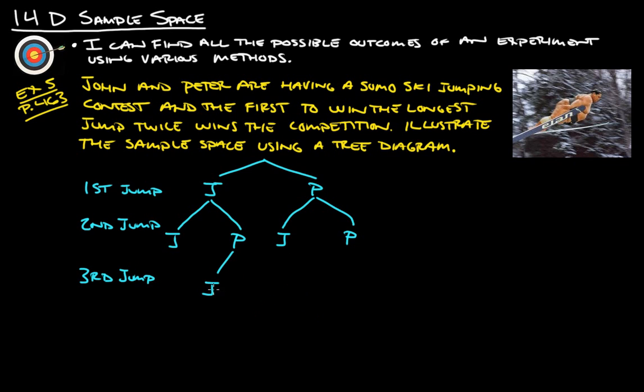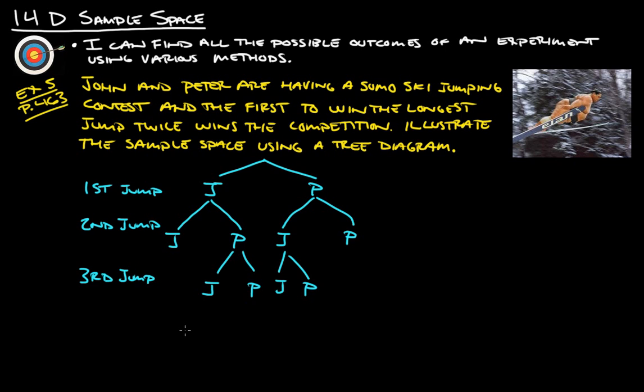I always had John first. John, Peter, John, Peter. Okay, just to be consistent. So this way here, John would win. This way John would win. This way Peter would win. This way John would win. Peter would win, and Peter would win.